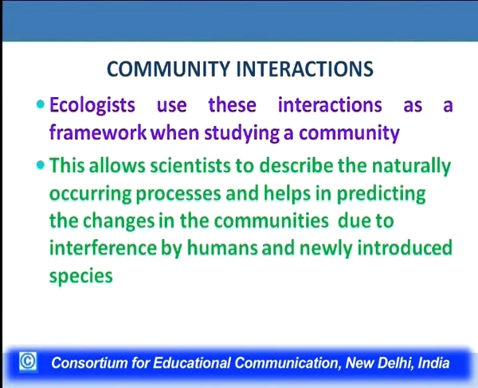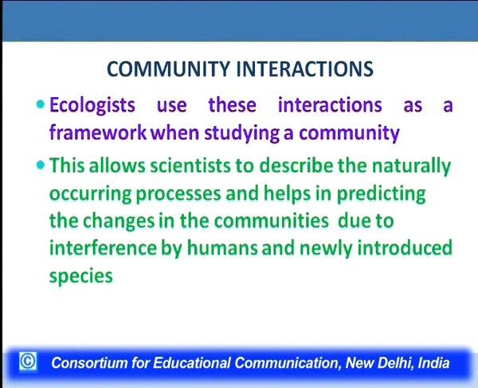Now, what will be the effect of this interference? It will lead either to movement of the wild species out from that area because no more food is available there, or it will lead to death of all those individuals if there is no way out for those species, if they cannot migrate from there.